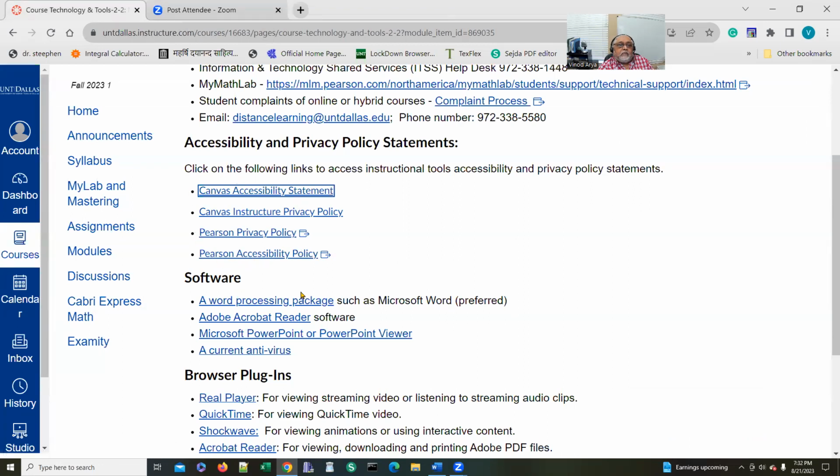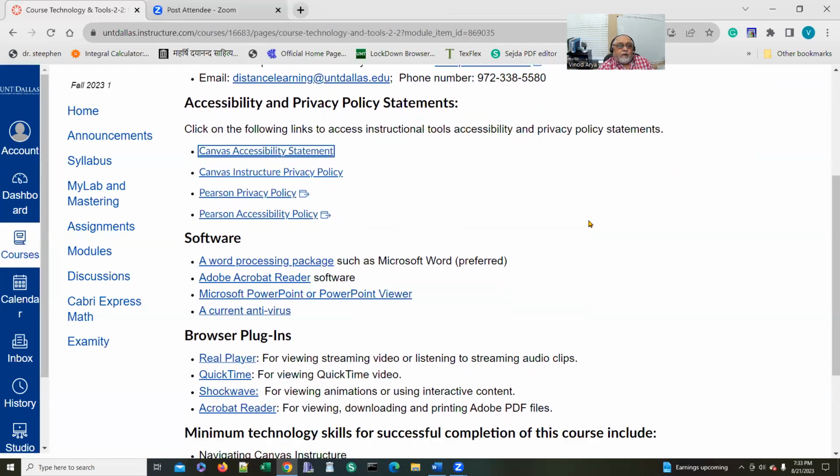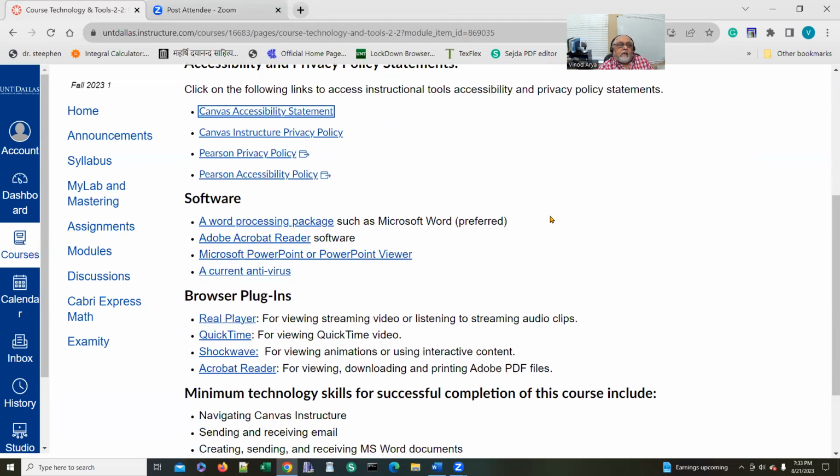These are some of the things that are required by law, and they have to be here, and you should be aware of them. So if you have some extra time, certainly go through these and make yourself aware of what these policies include.